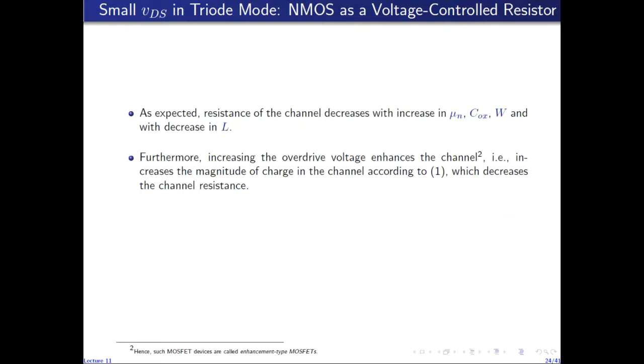So increasing the overdrive voltage will increase the magnitude of the charge in the channel, which will increase the current in the channel, and hence it will decrease the resistance of the channel.